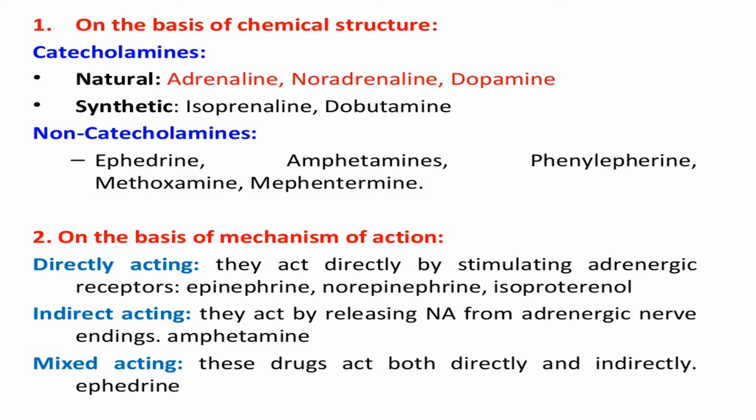Indirectly acting drugs act as agonists for our sympathetic innervation by releasing noradrenaline from adrenergic nerve endings. Examples of these are drugs that contain amphetamine. Mixed acting is just a combination of both the direct and indirect pathways, and an example drug for this is ephedrine.